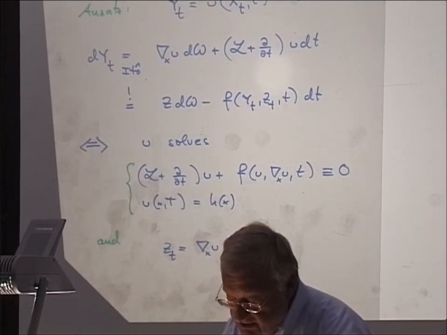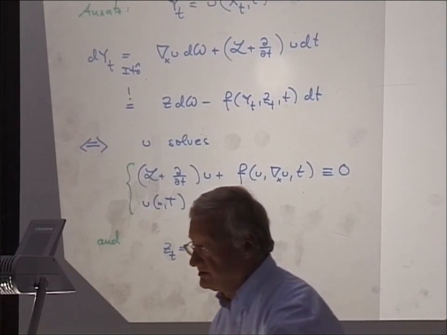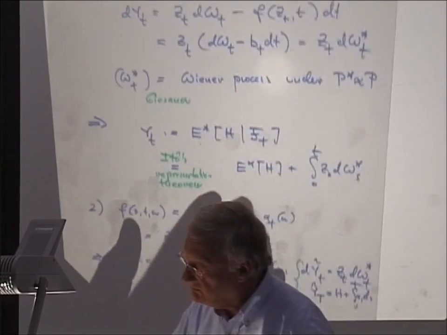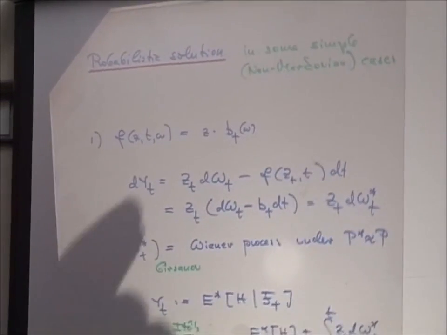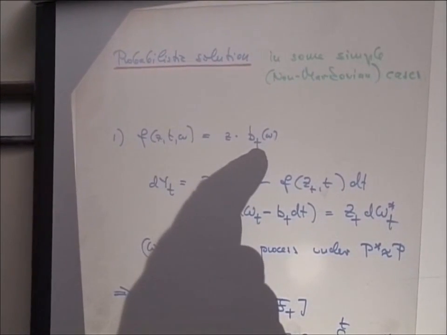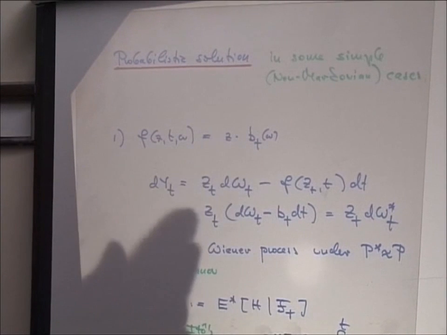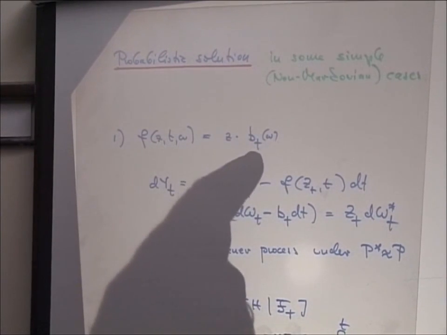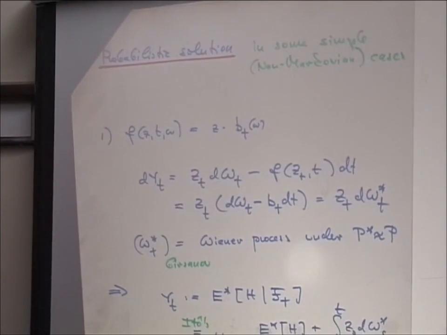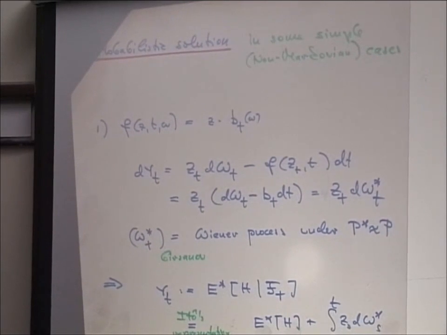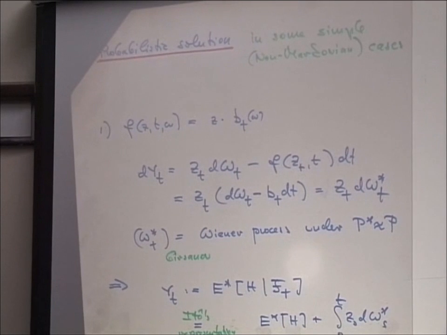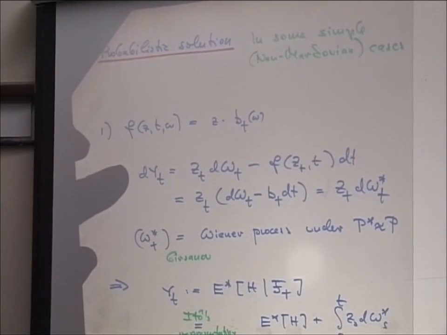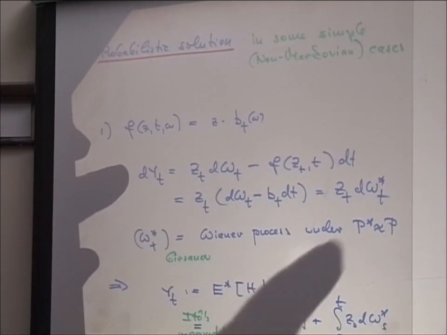Now, probabilistically, just to see a little bit the flavor, in some very simple cases, but they don't have to be Markovian. For example, here, a simple linear function in Z, but with a coefficient which may be any adapted, well, reasonably bounded adapted process. Then the equation we want to solve can be written in this way.